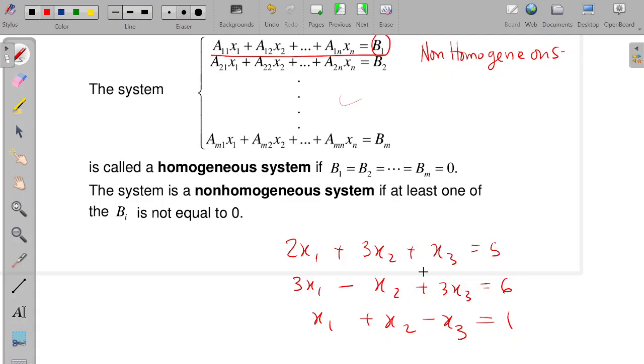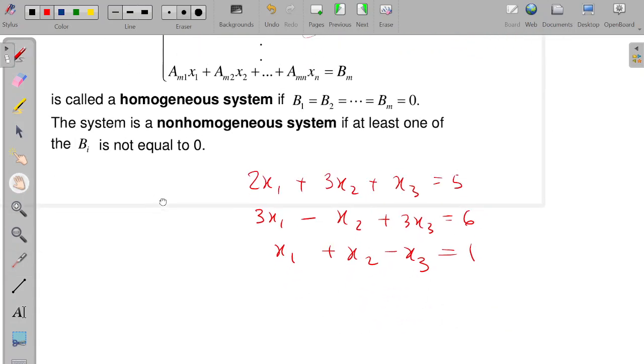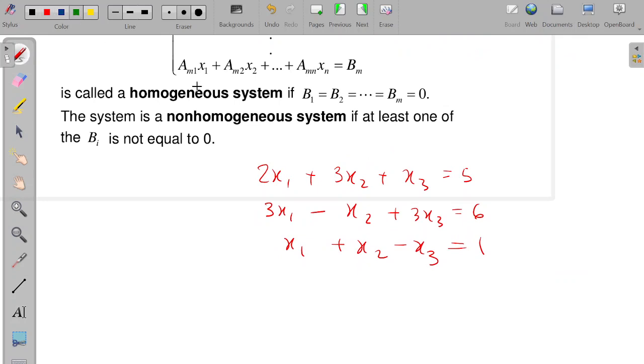This system is homogeneous when all these values are 0, a 0, a 0. They are not brought to the left hand side, they are 0.